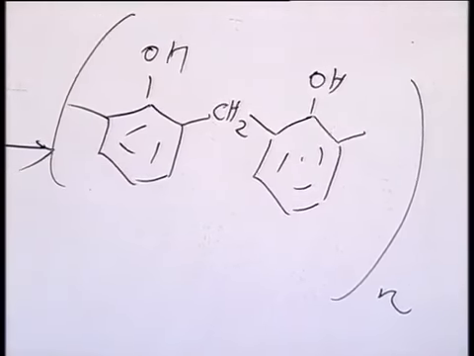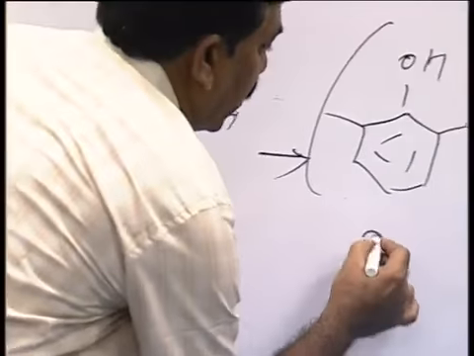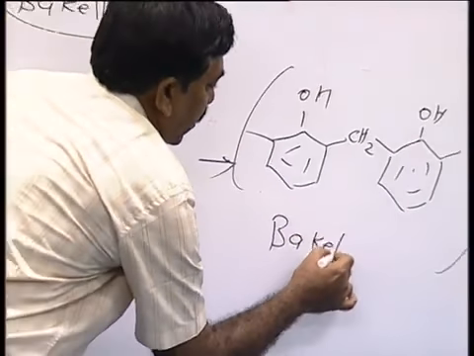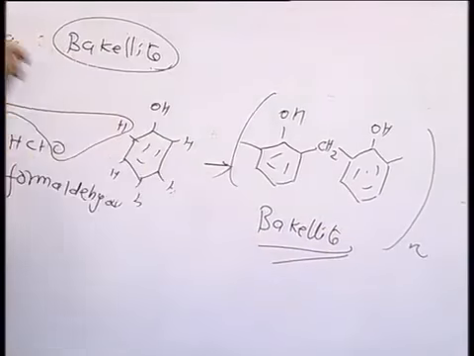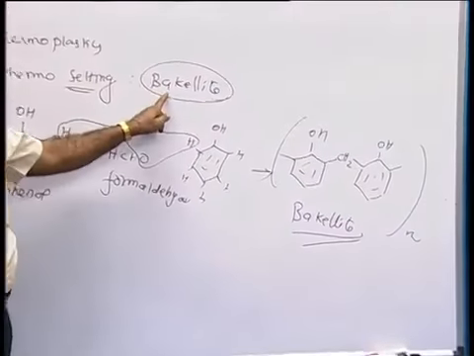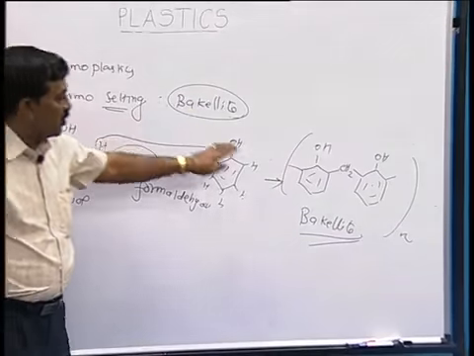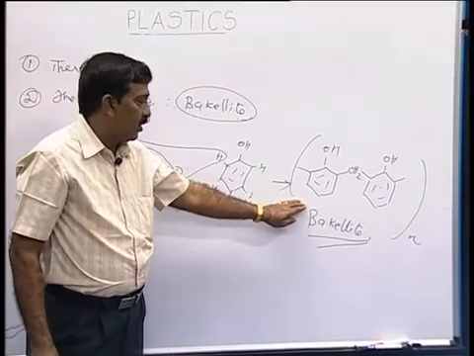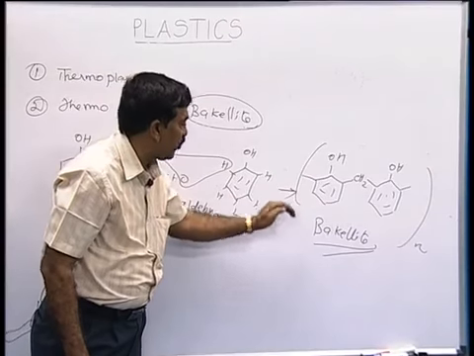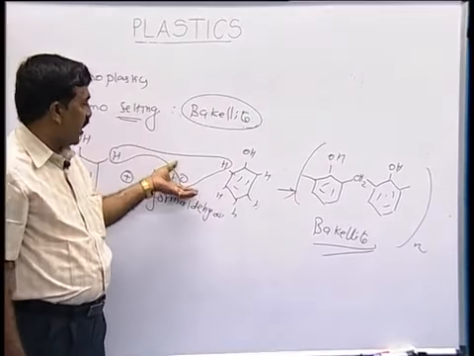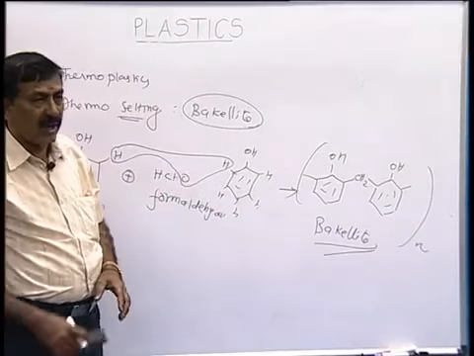So the product phenol formaldehyde, or simply this is called bakelite. It is the best example for thermosetting plastic. Thermosetting plastic is formed by the polymerization process. In this polymerization process, there is an elimination of a simple molecule, water.